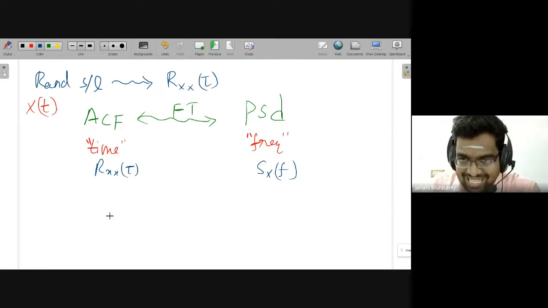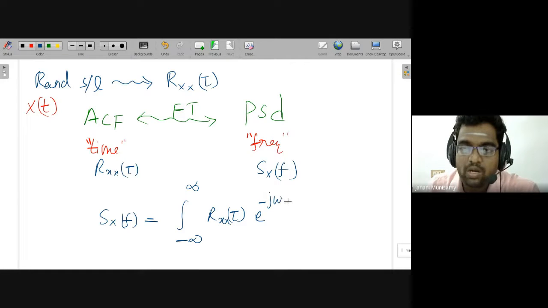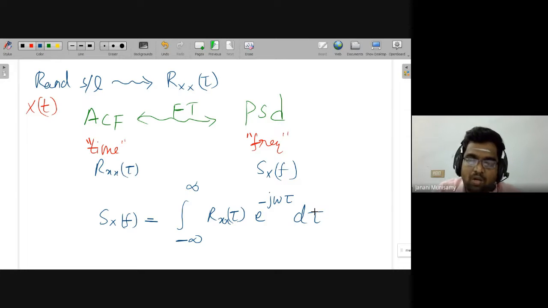So Sx of f is equal to the ordinary Fourier transform formula, minus infinity to plus infinity, then the time domain signal, that is Rxx of tau, and then e power minus j omega. Usually we will put t, but we are in tau domain, so e power minus j omega tau, and instead of dt, this is d tau. Okay, this is the relationship between the autocorrelation function and the power spectral density.